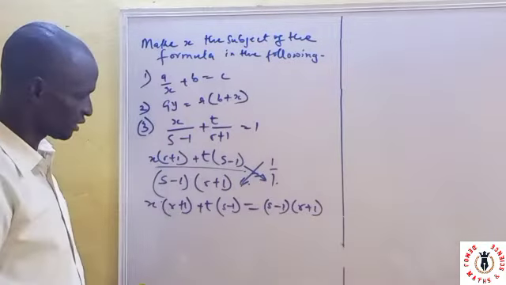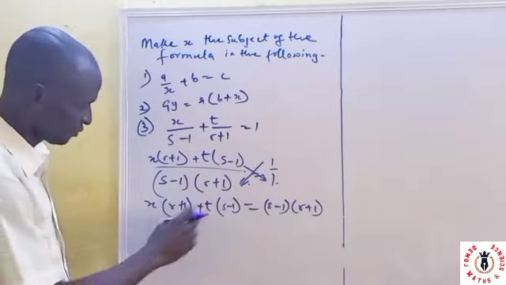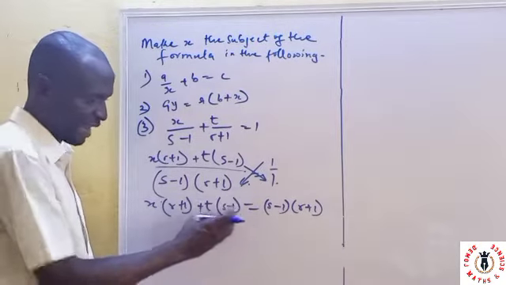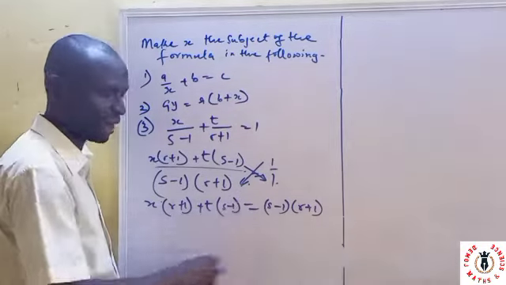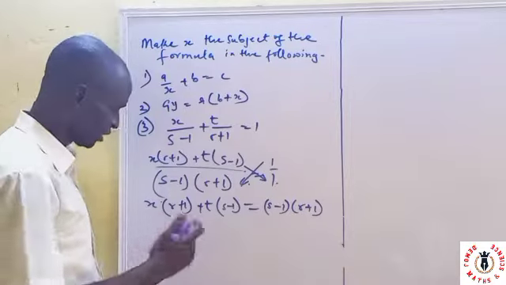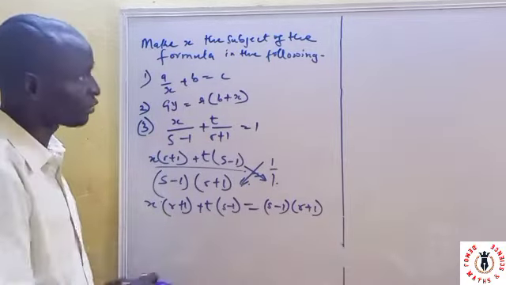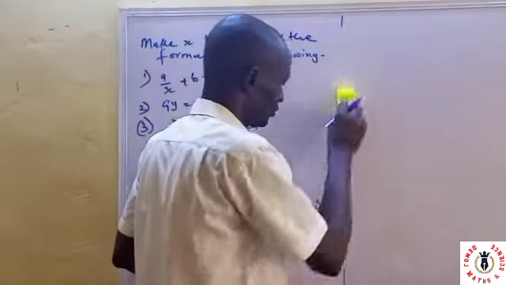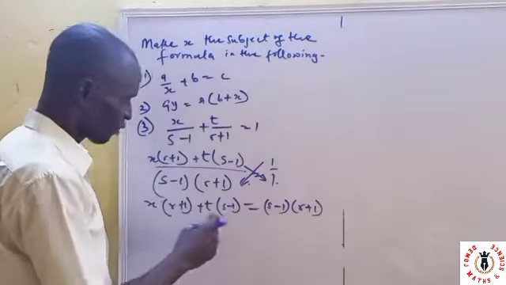Now I want to make x the subject of the formula. Since I have t into s minus 1 adding up to this side, I'll prefer to take t into s minus 1 to the other side. Let's use the other side of the board. Now let's have more space.